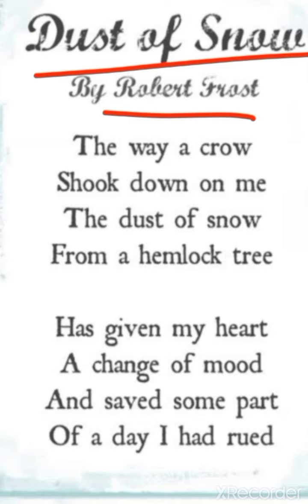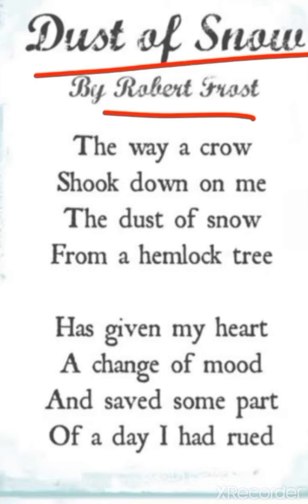That's how the poet is in a gloomy mood. A crow generally symbolizes negativity and sadness, and the hemlock tree symbolizes death. And in this poem, these two symbolize the dilemma of the poet, the sadness and the gloomy mood of the poet.